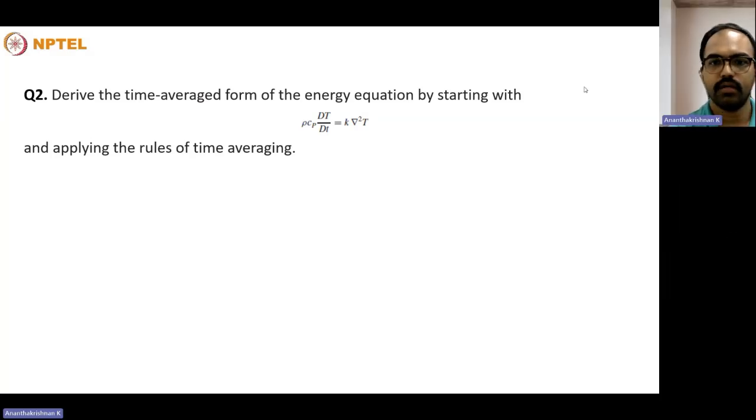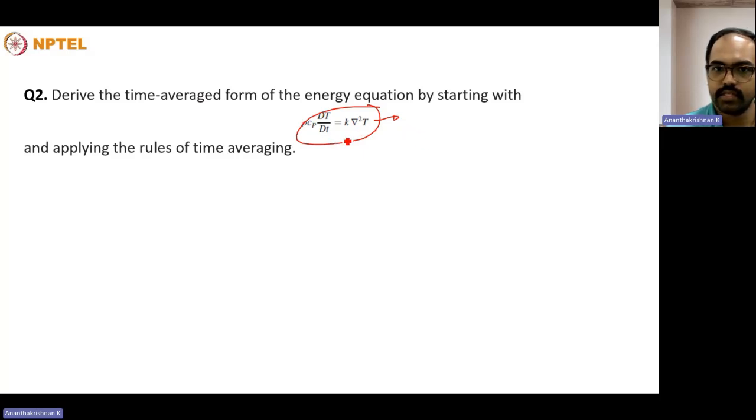The given form is not a conservative form. The given form is a total differential based form. We have to change it into the conservative form, and then we can start deriving.